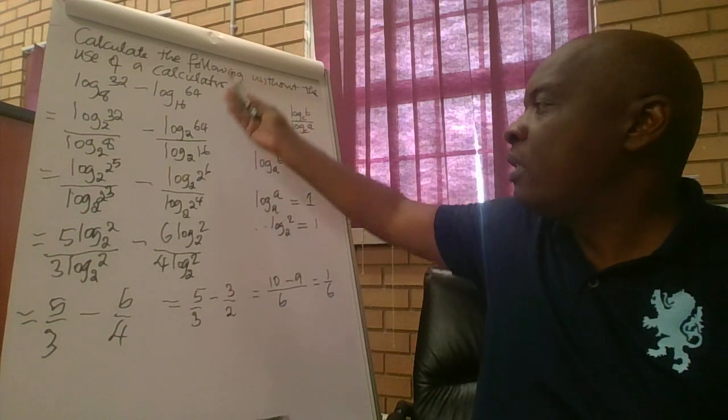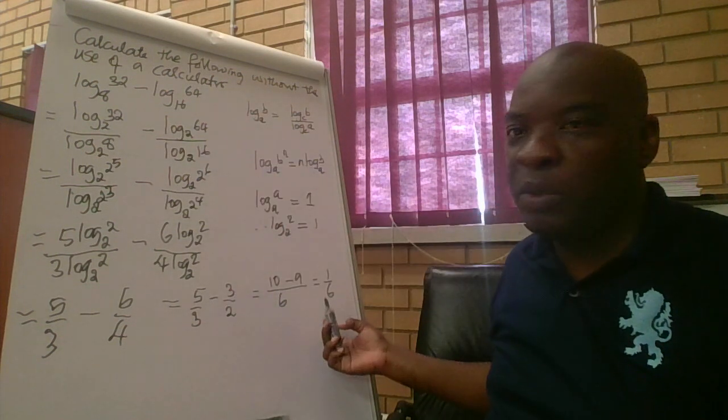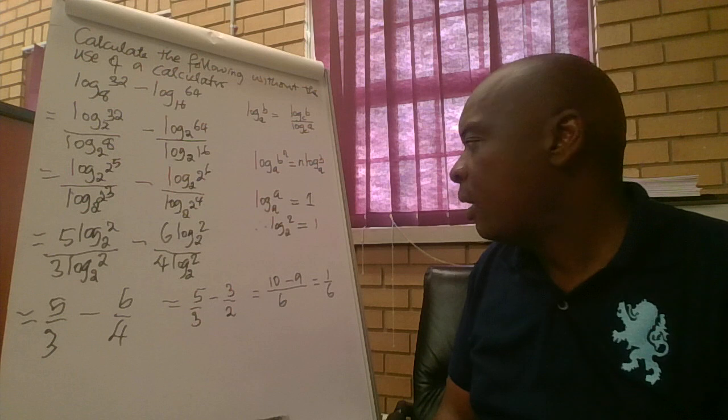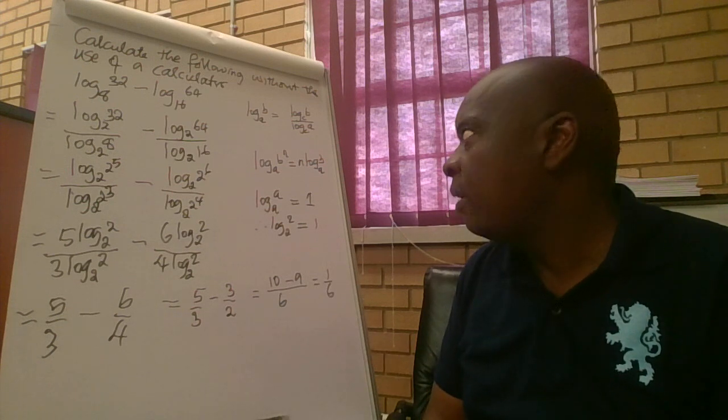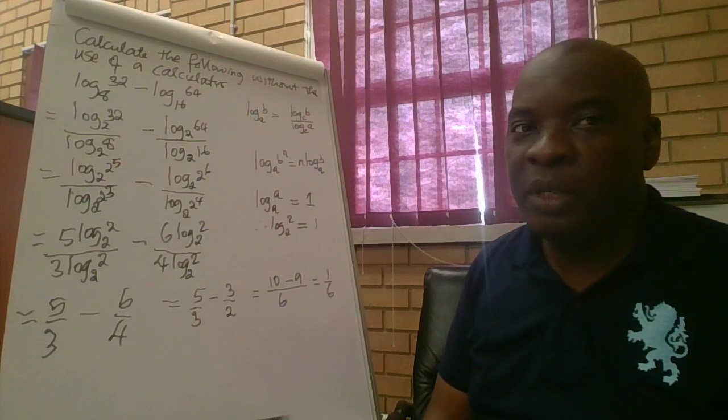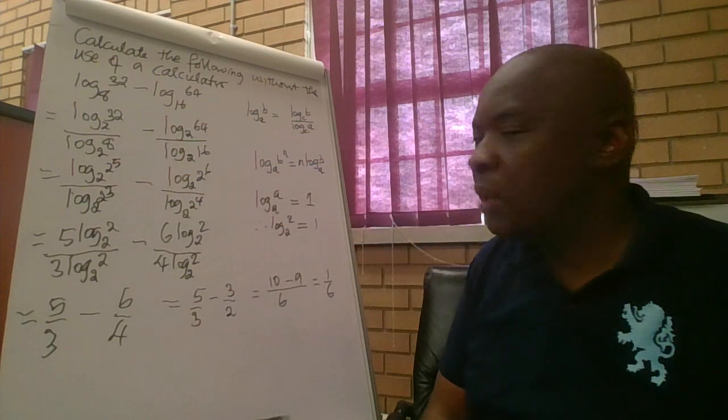So if we simplify this, this is what we end up with. This is what we get when we simplify. We simply end with 1 over 6 there. And we took advantage of the laws of logarithms there.